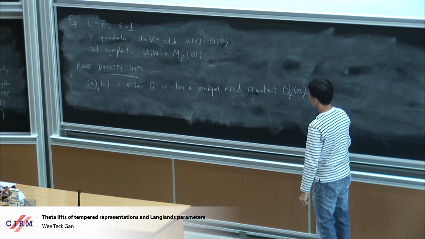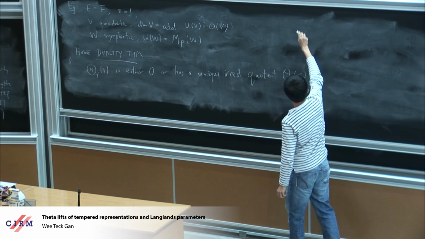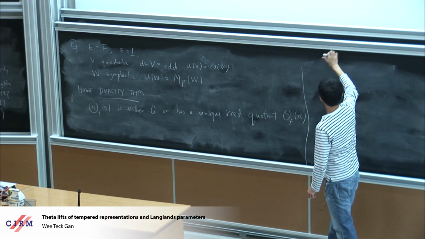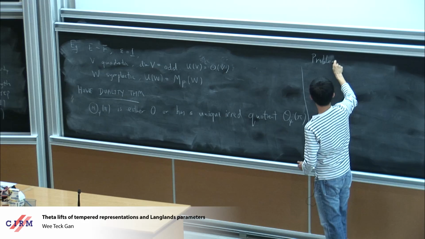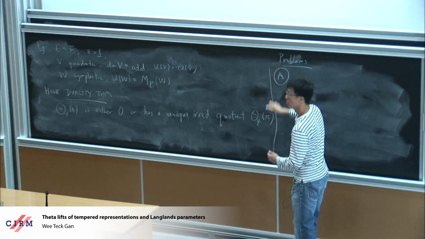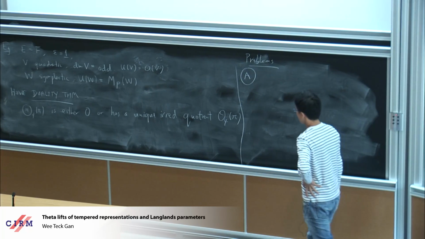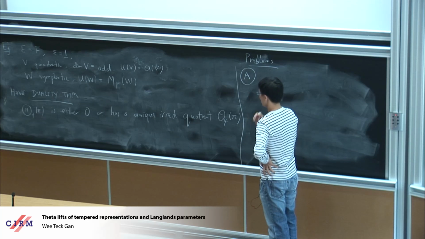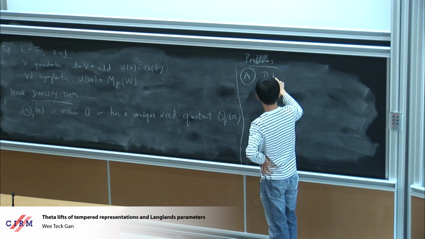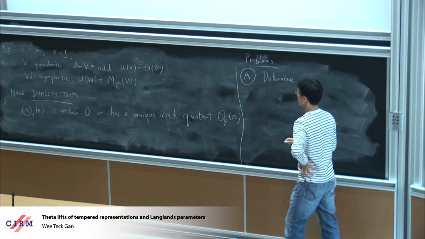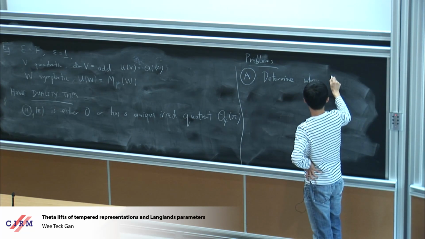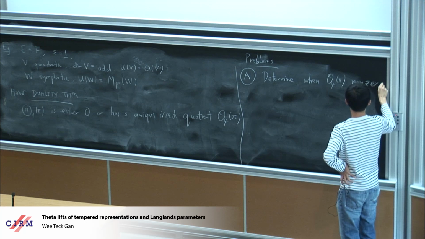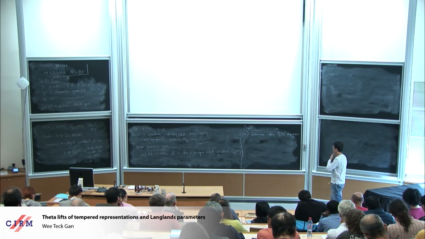Okay, so at this point, it's natural to consider the following problems. These are the two problems I want to consider today. Since this is either zero or has an irreducible quotient, the first problem you might consider is to determine when Theta of pi is non-zero.